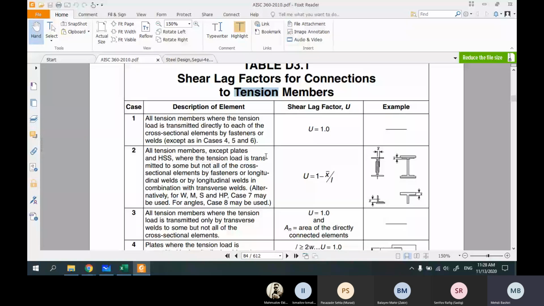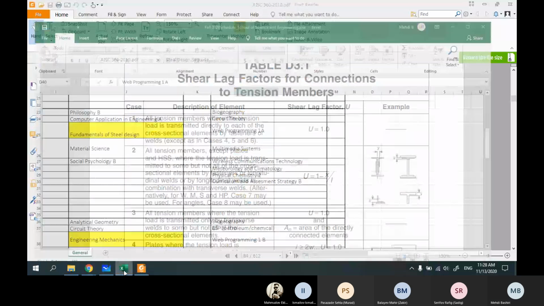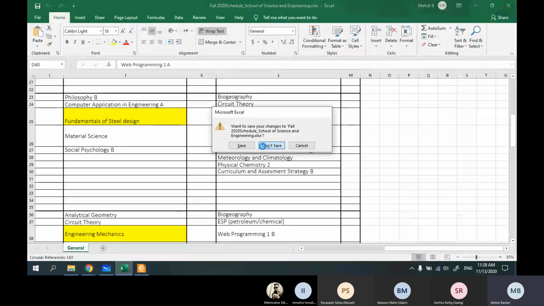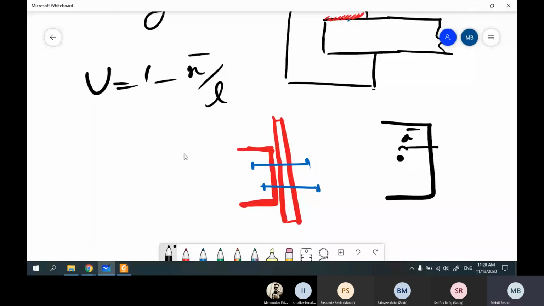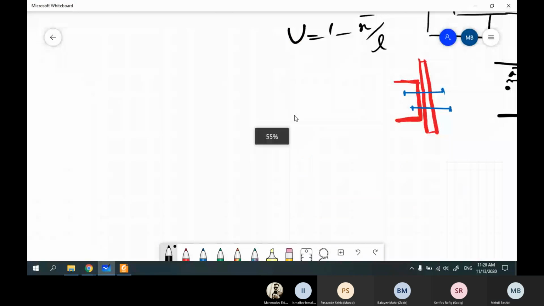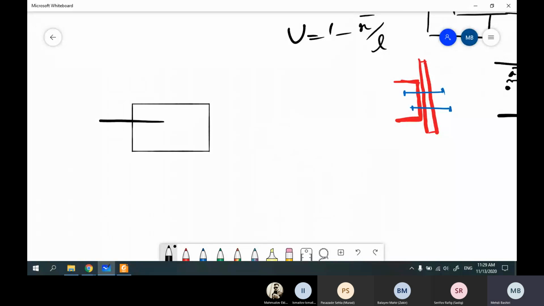As I said, for example, if you have a plate connected to a plate like this, the one plate connected to another plate, this is the side view.